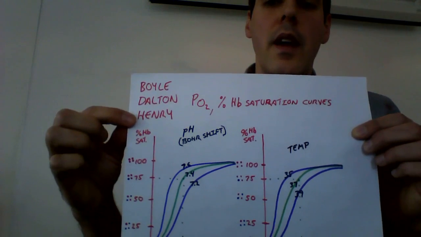So what happens is basically we have Henry's law, and Henry's law basically says that whatever the partial pressure is in air, you also have partial pressures of gas in a liquid. And the partial pressure of gas in a liquid is determined by the partial pressure that was in the air and also its solubility coefficient.